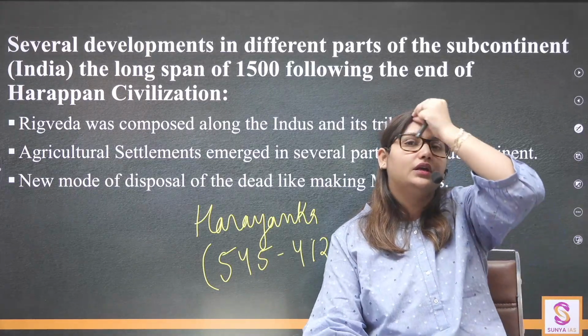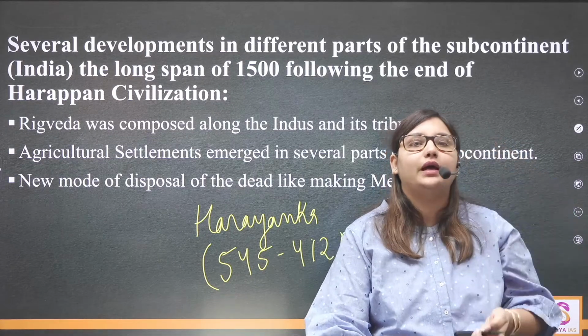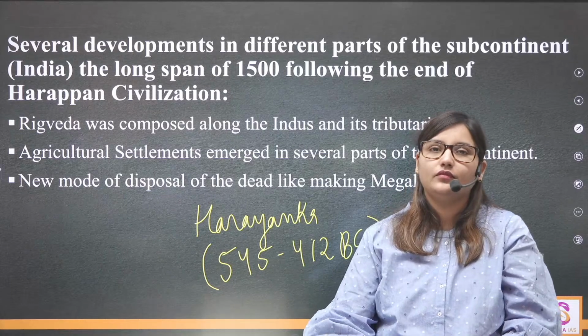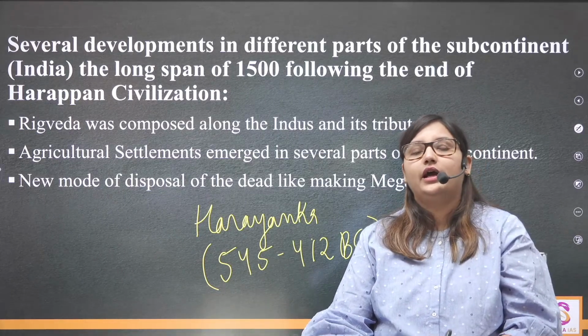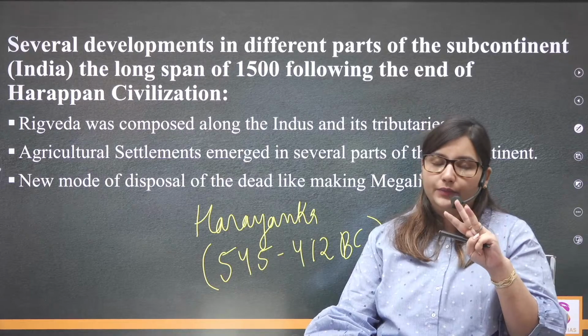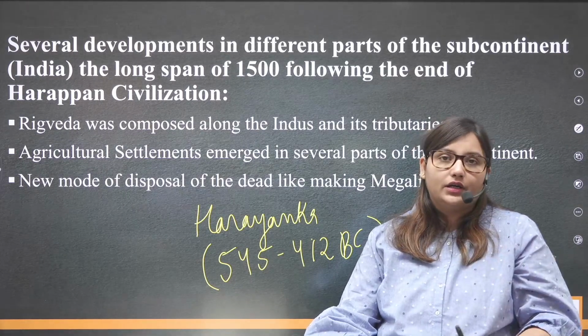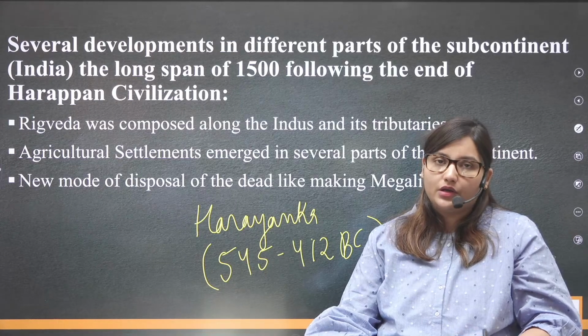Full stop. He consolidated his position by maintaining matrimonial alliances. He had 3 wives. So Bimbisara consolidated his position by maintaining matrimonial alliances.